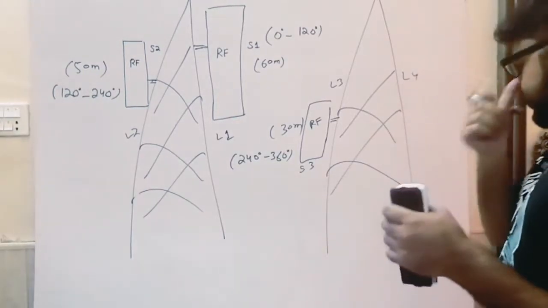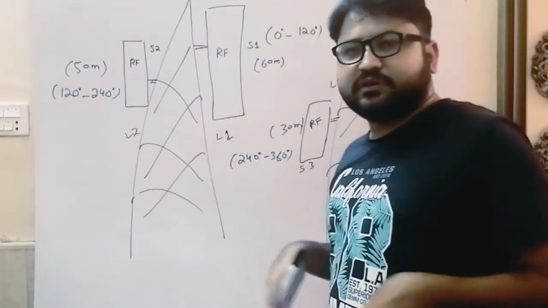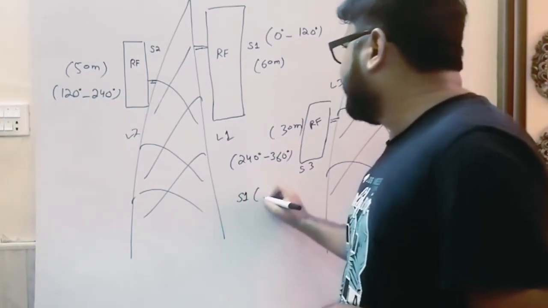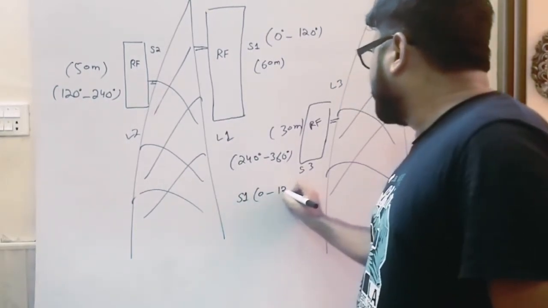So sector-wise we divide this area as the circumference of the circle. Like for sector 1 we have 0 to 120.